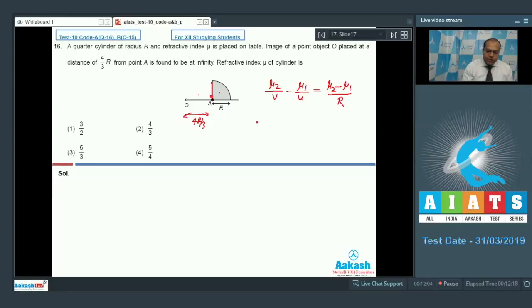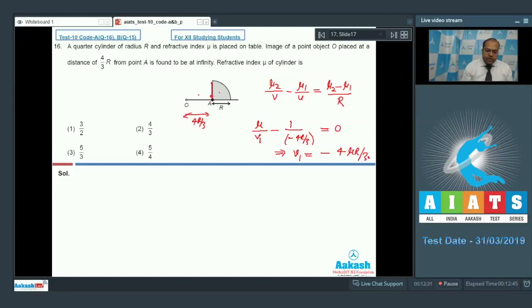So for the first refraction, mu divided by v1 minus mu1, that is 1, divided by u, that is minus 4r by 3. Since the radius of curvature for the flat surface is infinite, this part comes to be 0. So on solving, the value of v1 comes out to be minus 4 mu r by 3.